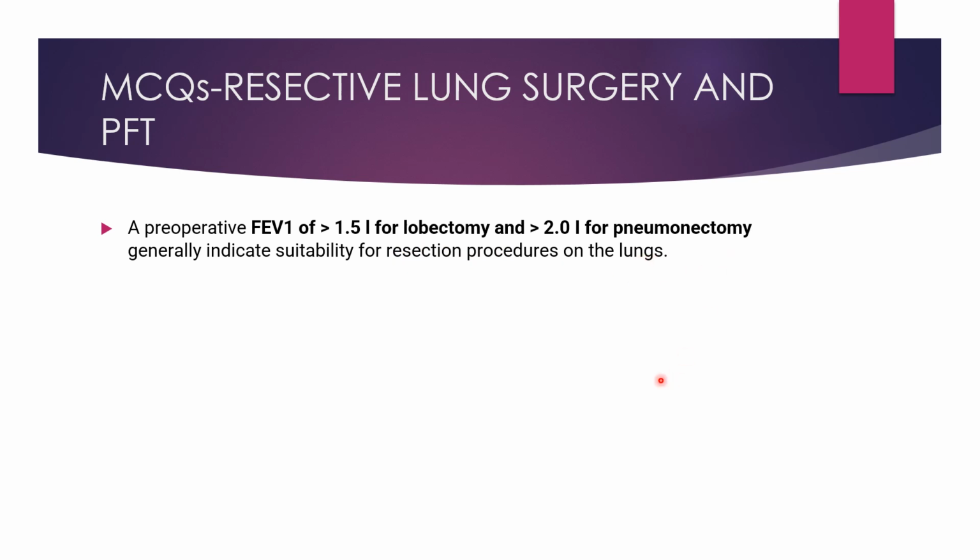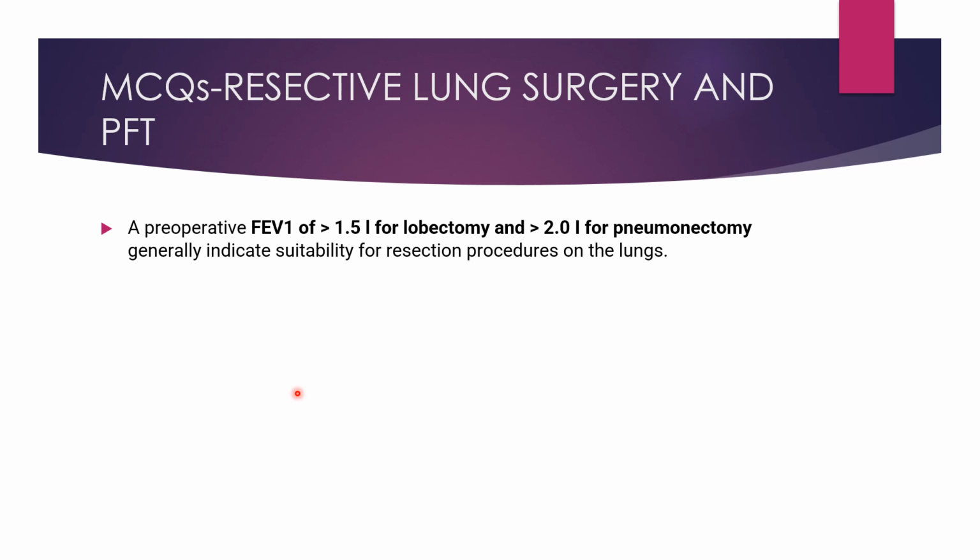Before the patient undergoes the surgery, we have to check the FEV1 to see if the patient is suitable for the surgery or not. They can give a scenario like a lung cancer or an aspergilloma where resection is indicated. In those cases, they may ask directly if the patient is suitable for surgery or not, or they may give options, something like "what is the next appropriate management plan", where the resective surgeries are mentioned in the options.